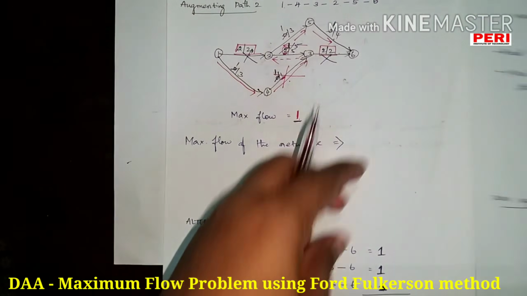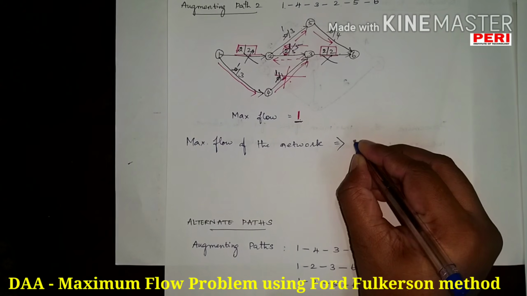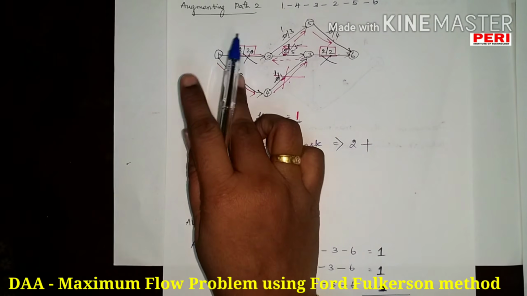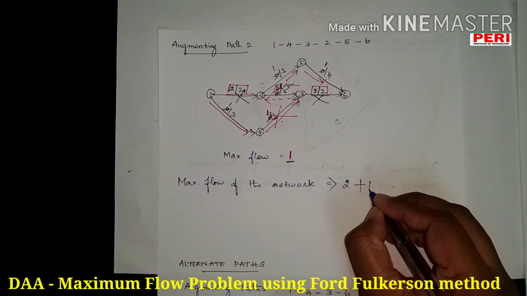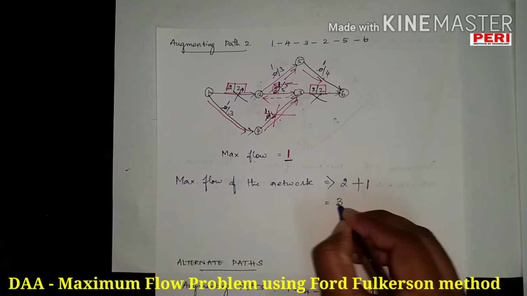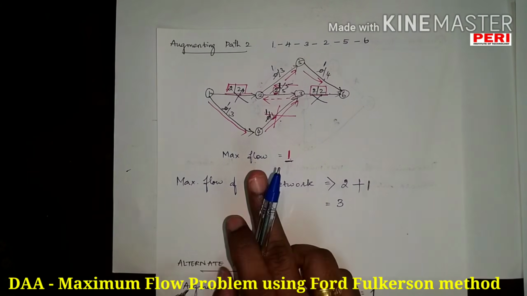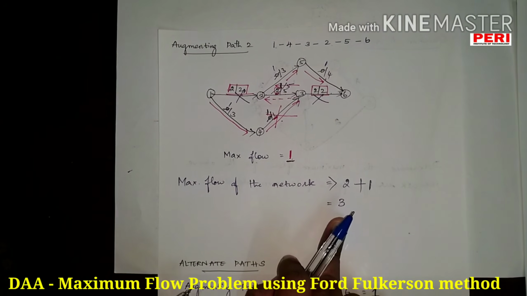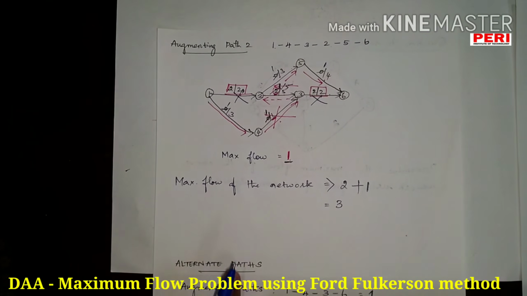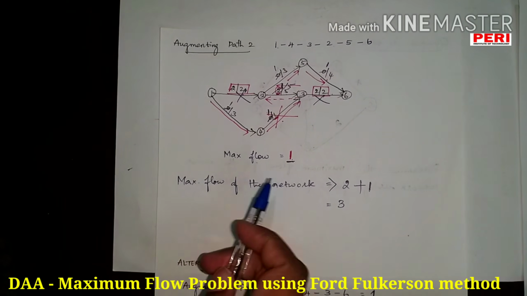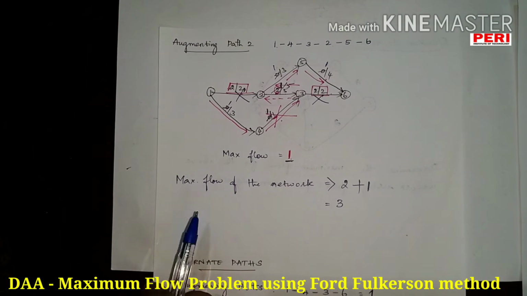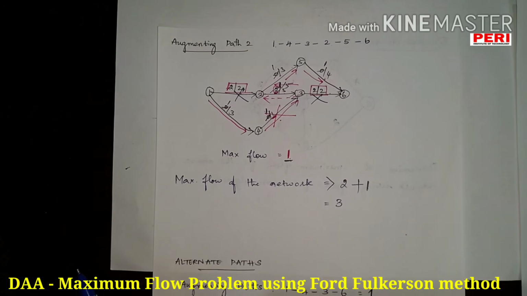So I am going to take 2 plus, for this particular path, the flow is 1, right? So if I am adding it, my flow will be 3. So the maximum flow for this particular network is 3. So that's all for the Ford-Fulkerson algorithm. The main thing that you have to remember in Ford-Fulkerson is, if it is forward, you will be adding it with the flow. If it is backward, you will just be subtracting from the flow.